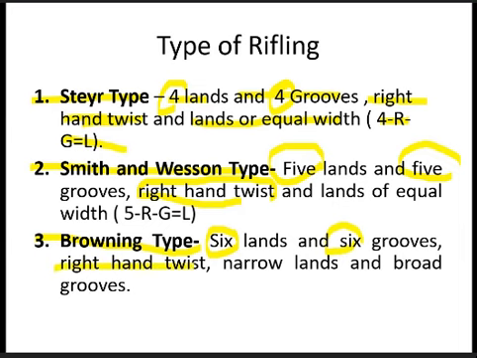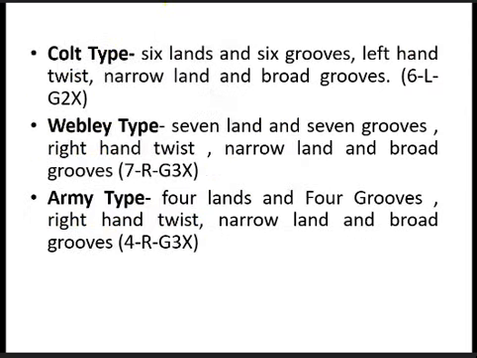So we start with the Stayer type: 4 lands, 4 grooves, right hand twist. Smith and Wesson: 5 lands, 5 grooves, right hand twist. Browning type: 6 lands, 6 grooves, right hand twist. Just familiarize these.